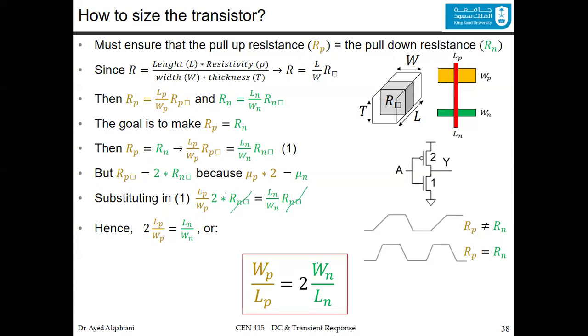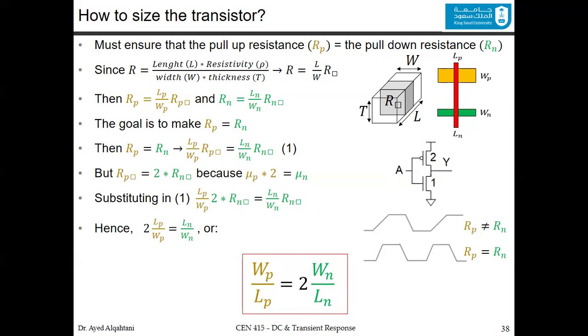There is a reason for this, because usually you assume the value of Wn, and then based on the Ln that you have for the N and the P, you can find the WP. So usually you have this, and you want to calculate WP. This is why we gave you this value.